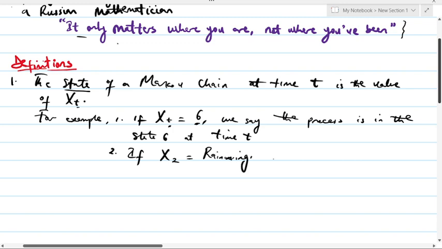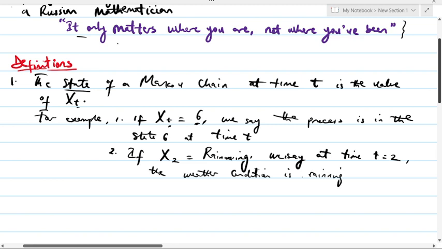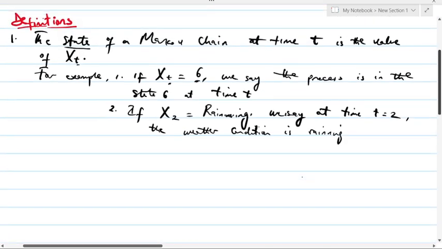So we say at time t equals 2, the process or the system or the weather condition is raining. Okay, so let's check another term.